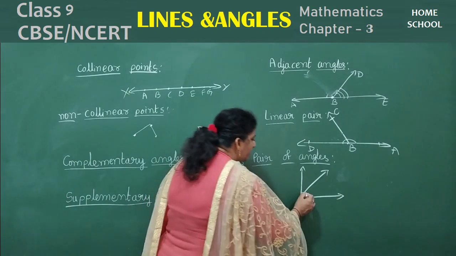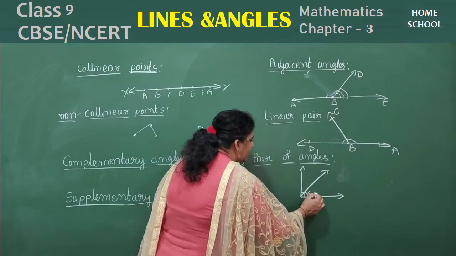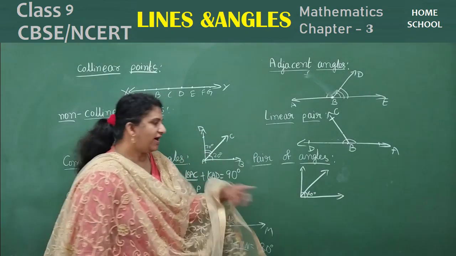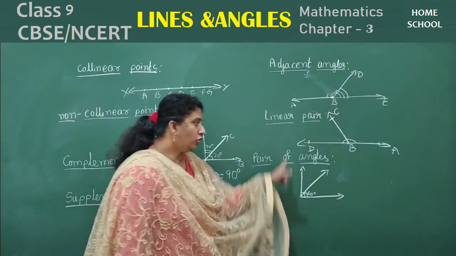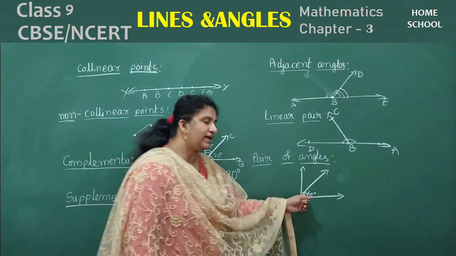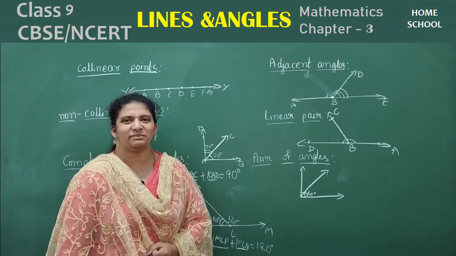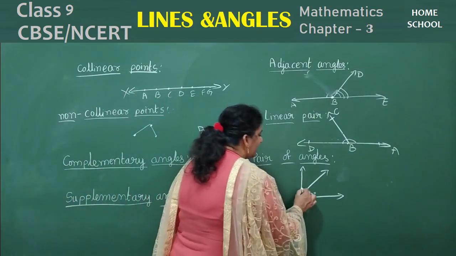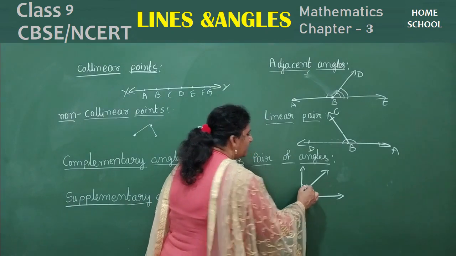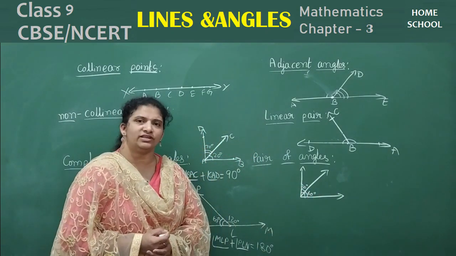So now I will give you only this part of an angle as 60 degrees. Find out this angle. You know the total angle. Total angle is how much? 90. If this angle is 60, what will be this angle? 90 minus 60, it will be 30 degrees. That makes the sum 90 degrees. Understand the concept here carefully, children.